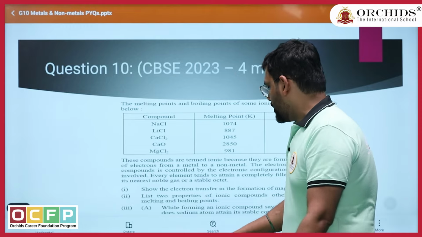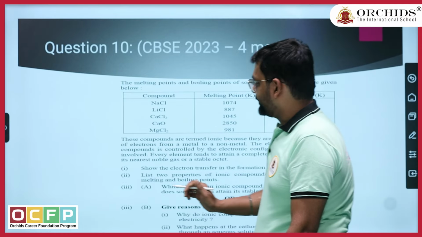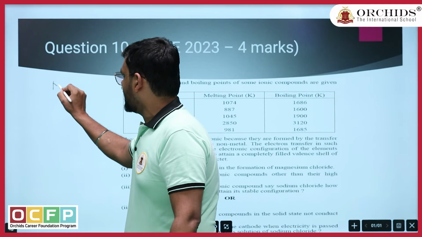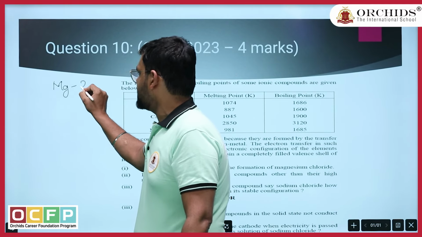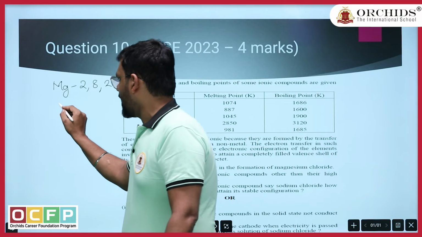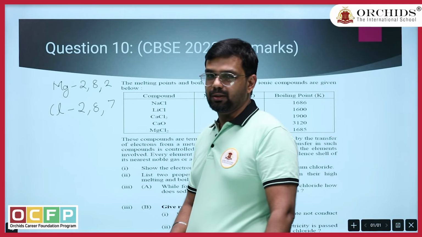So shall I go? Just like magnesium, what is the valency here? You can write the electronic configuration. It is 2, 8, 2. What about chlorine? I think we already have done it once. 2, 8, and 7 for chlorine.